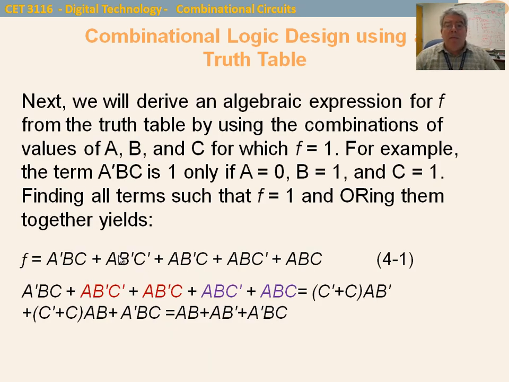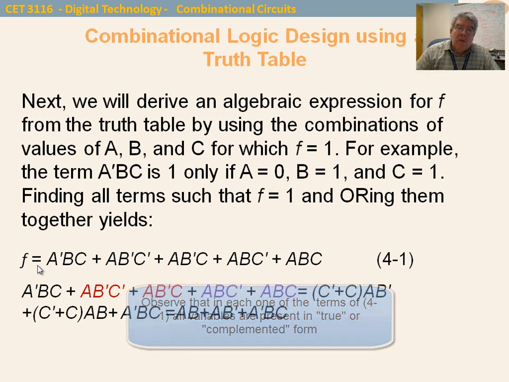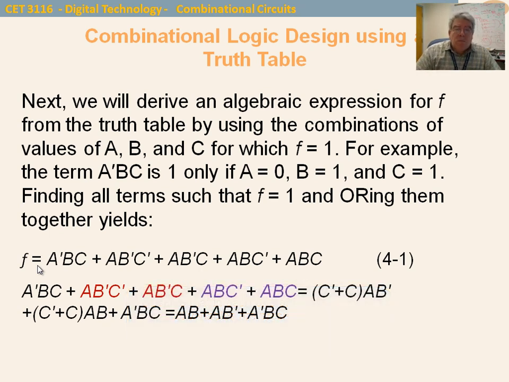Then we keep doing that for each and every one of the terms in which we have a 1. The idea is that you plug in 1, 0, 0, and this term is going to be 1. So whenever any one of those is 1, we have our output equal to 1. So this is a way to describe our truth table with a Boolean expression.